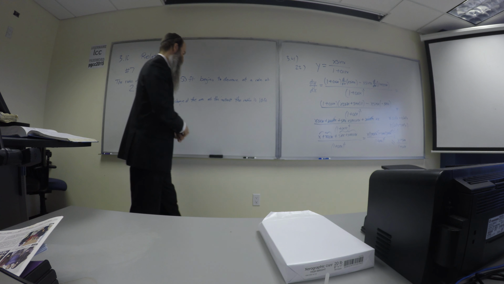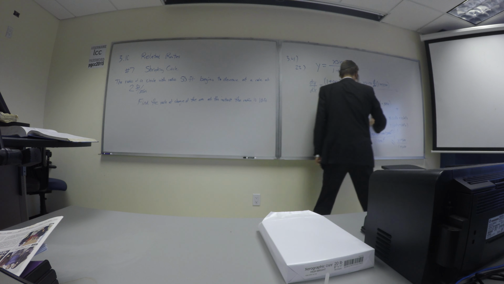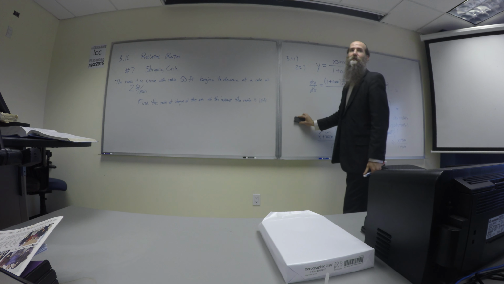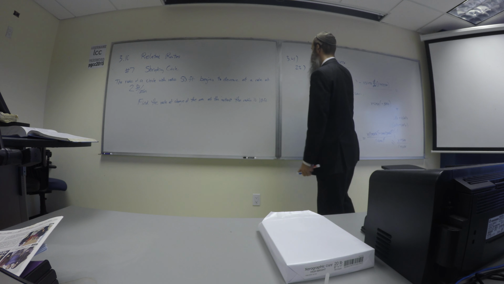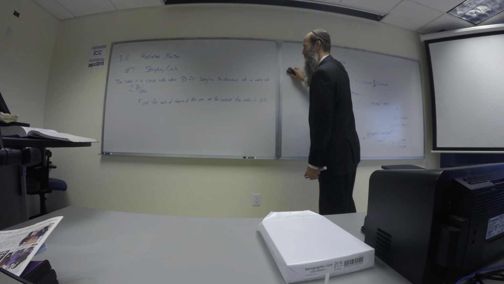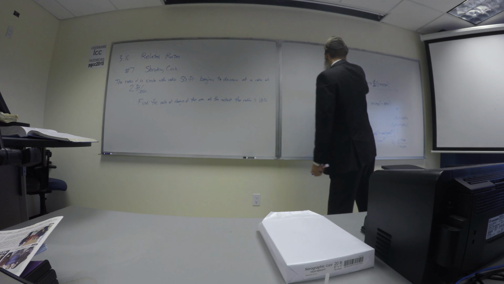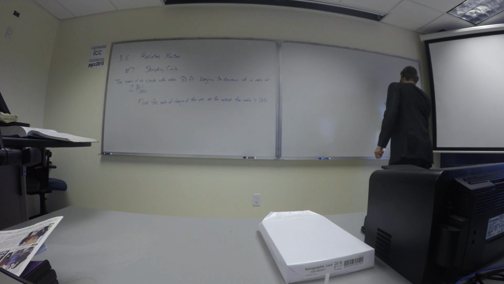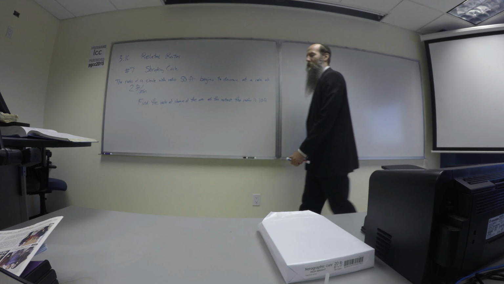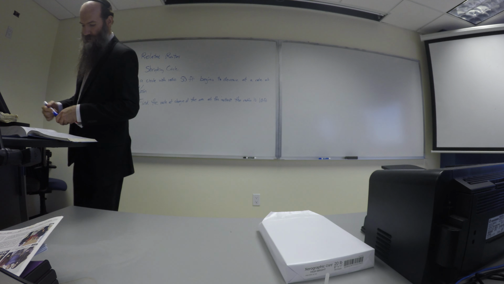Okay? So, in notation, if I called R radius and A area, be careful now. What derivative do I want to find in notation? d something, d something. d A d what?